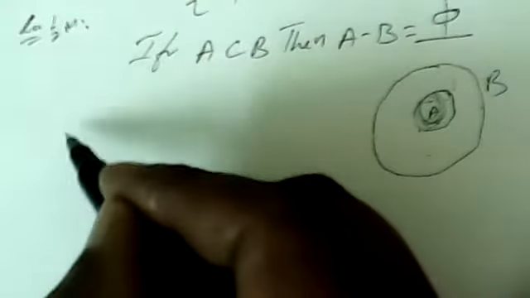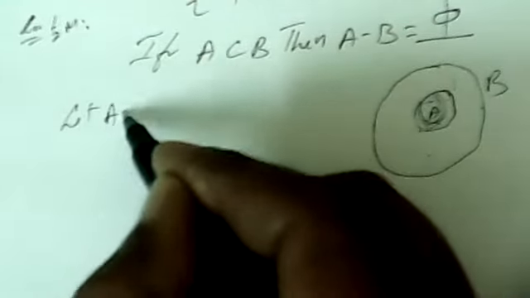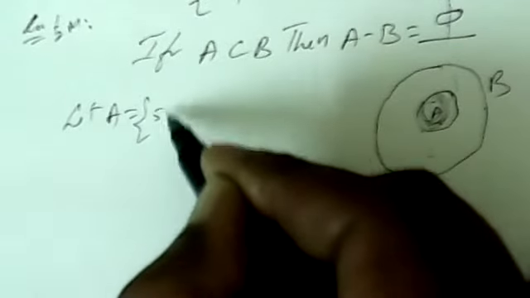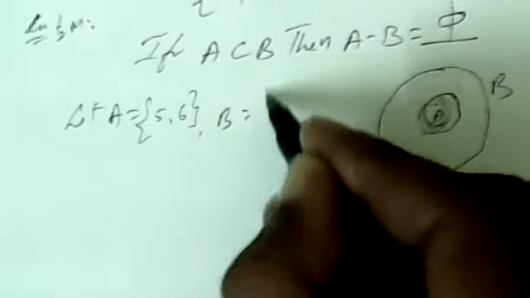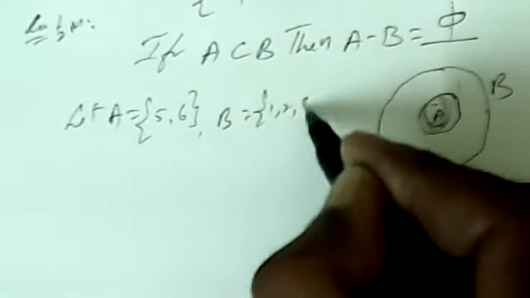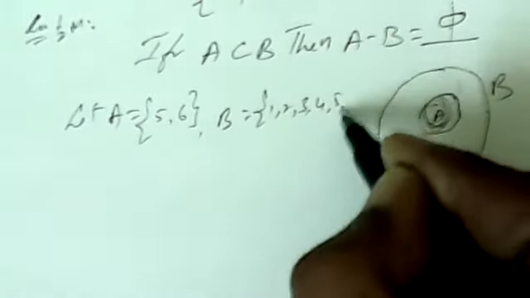So numerically, if you want, you can also show. Let A is equal to 5, 6 and B is equal to 1, 2, 3, 4, 5, 6.